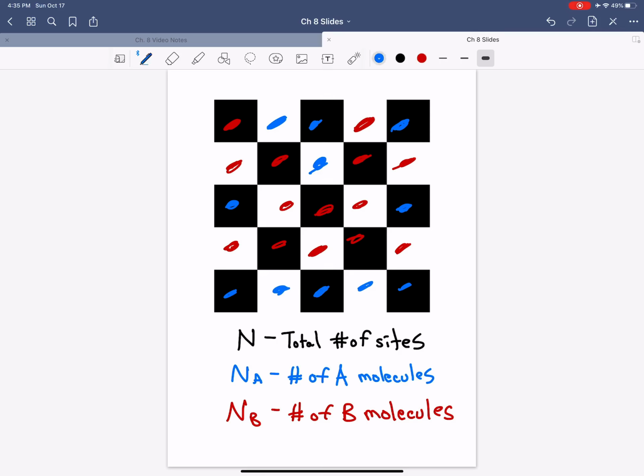And so that's another possible configuration of how we could arrange the molecules in our system. And tying back to what we saw in chapter 5.5, the different ways we can arrange the molecules in our system is known as the multiplicity.